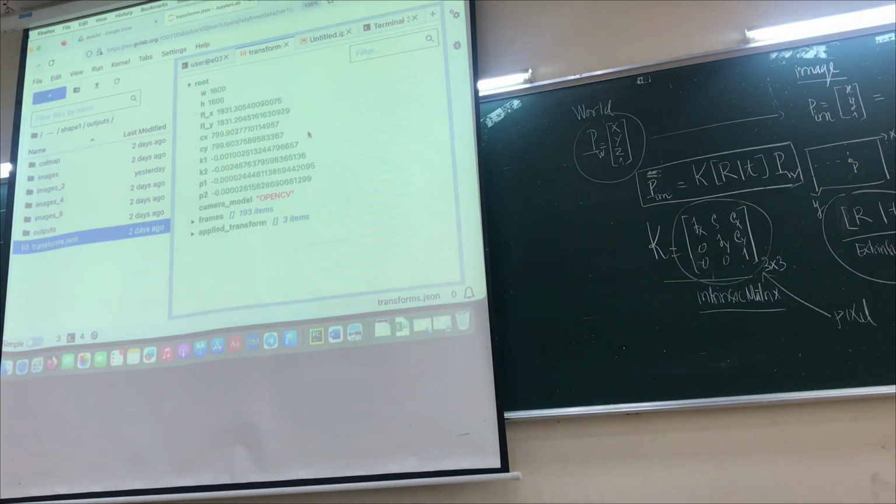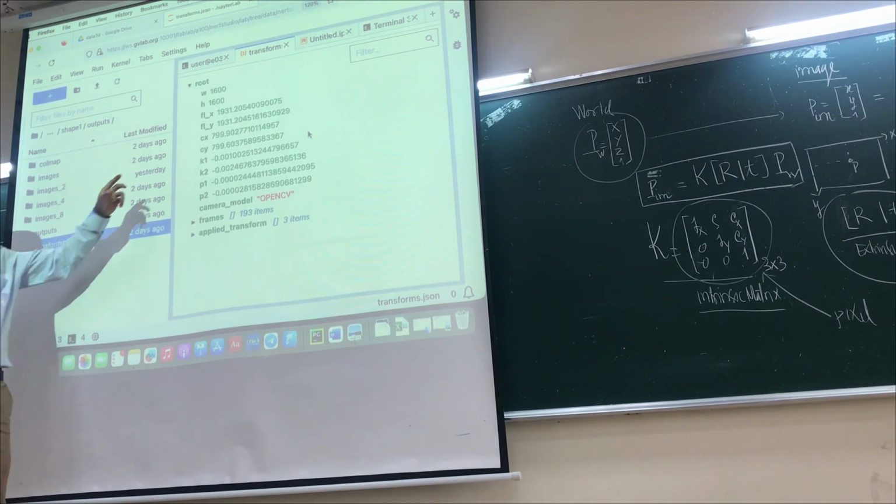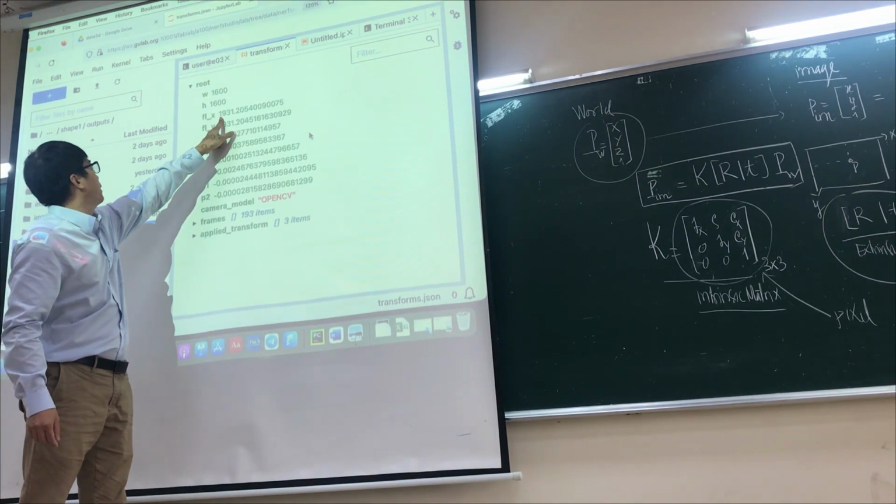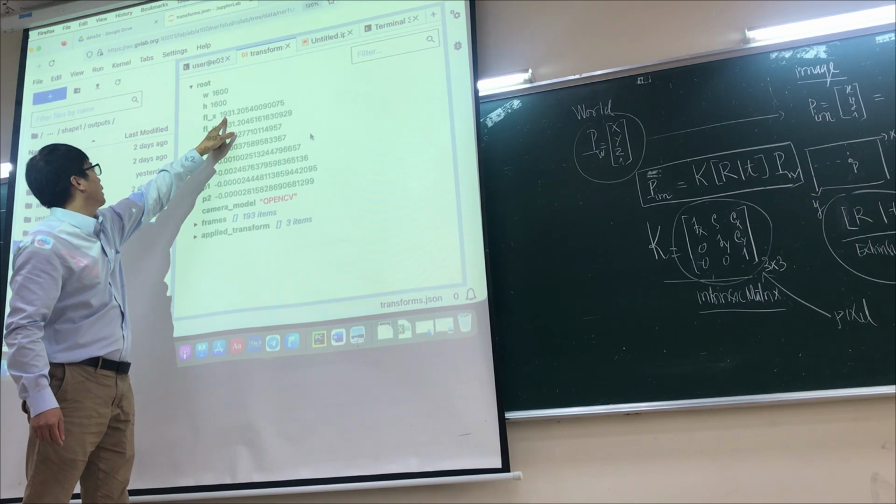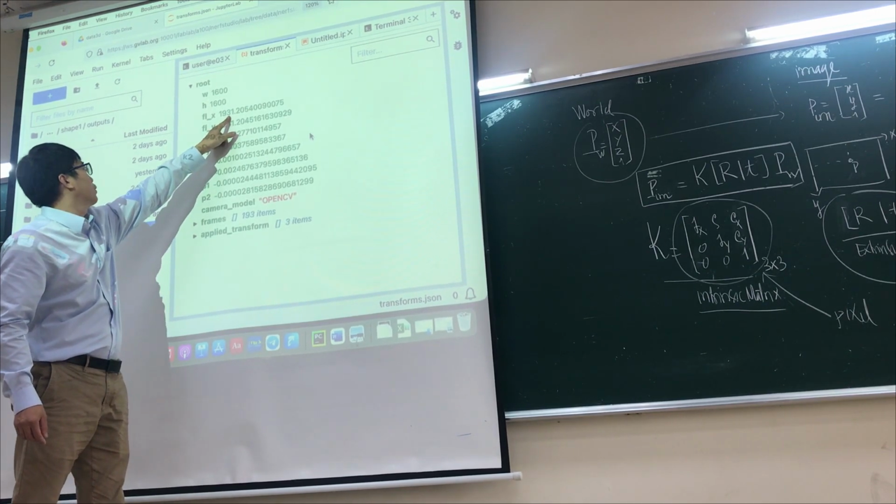So you can see after calibration, you can see the focal length right now is estimated at 1,931 and so on, right?